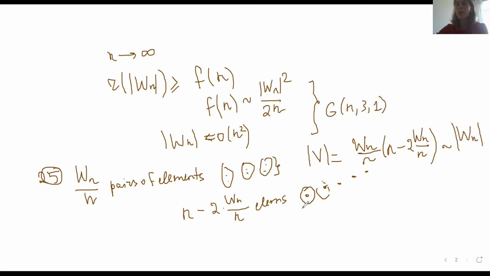So asymptotically, the number of edges is the number of those elements multiplied by the squared number of pairs we have here and divided by 2. Because each edge has 2 elements from one pair and 2 elements from another pair. That's clear.